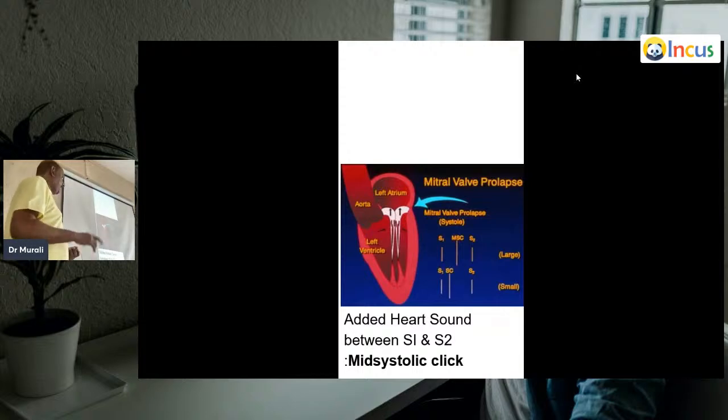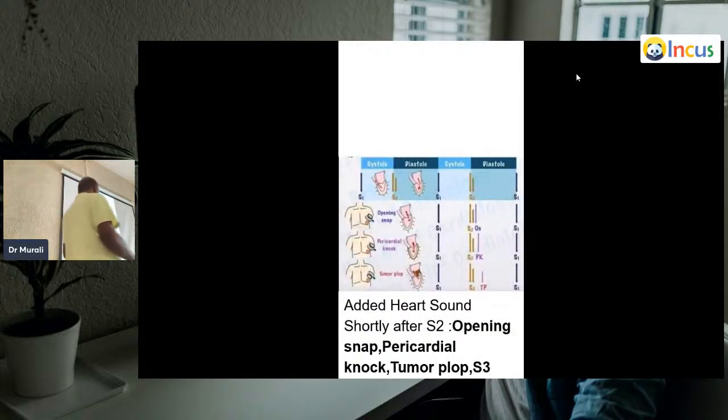Between S1 and S2, it is mid-systolic. Typically, you hear the mid-systolic click of mitral valve prolapse, MVP. Then after S2 means diastole. So what are the things that you hear in diastole? S3, S4, opening snap, pericardial knock, tumor plop, they are all diastolic.